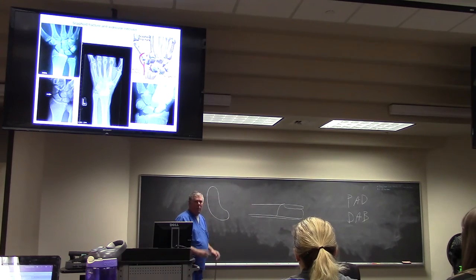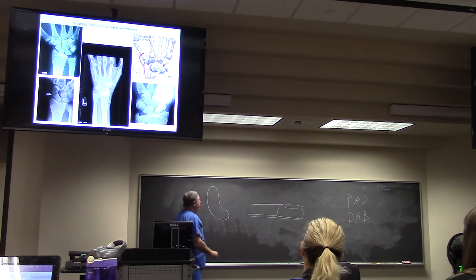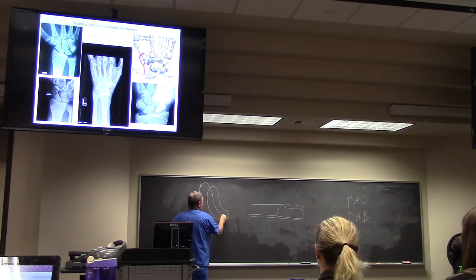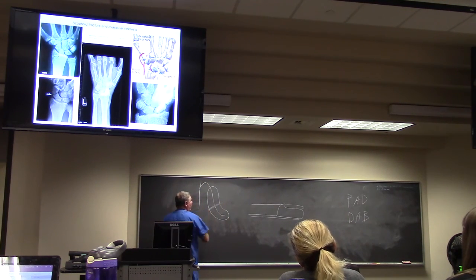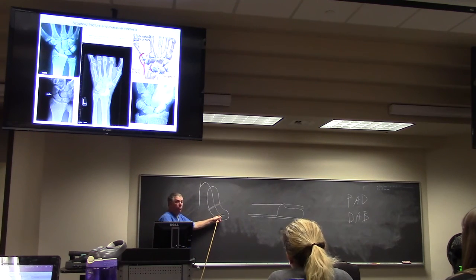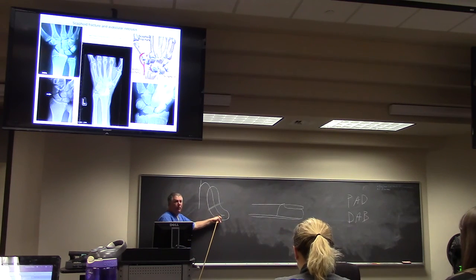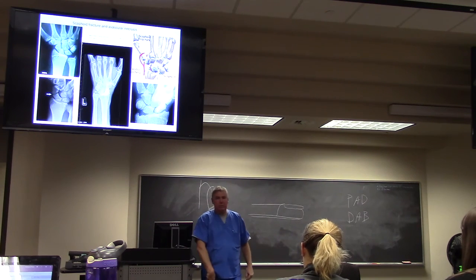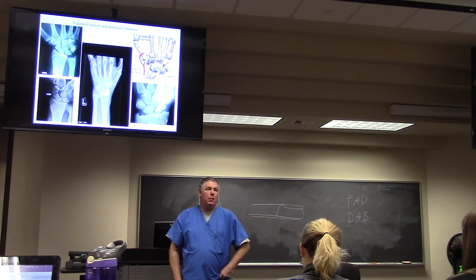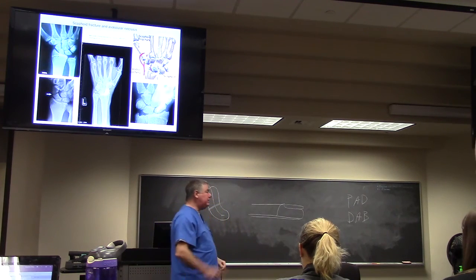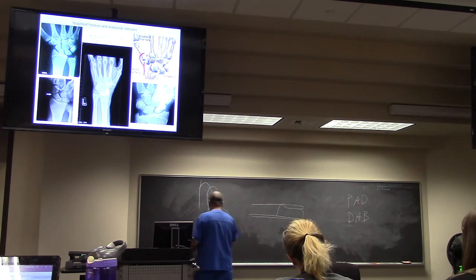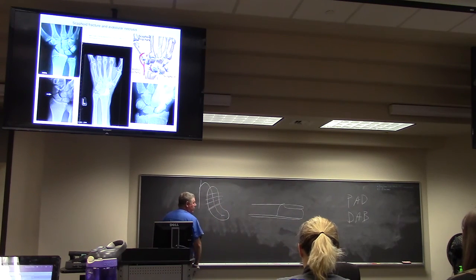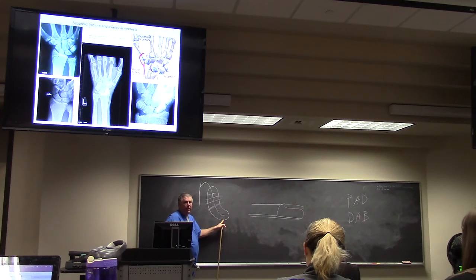Navicular means boat because it looks like a boat. The artery comes in this direction. So if you fracture through there, it's the proximal segment that will degenerate or undergo avascular necrosis. And the more proximal the fracture, the more likely you'll have avascular necrosis.